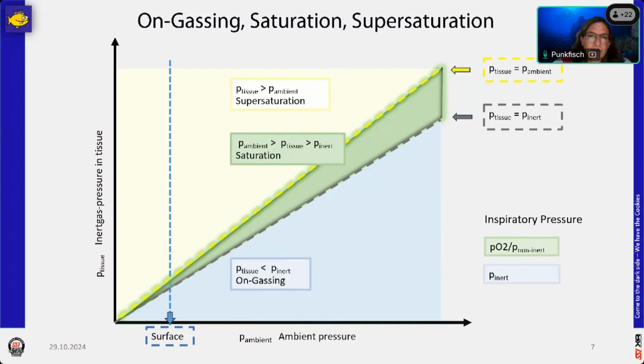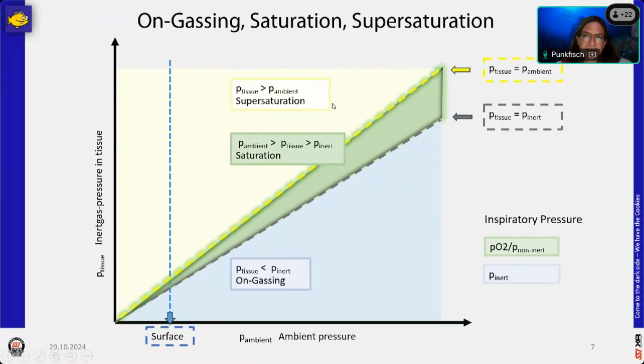Our tissue pressure is now higher than or the same as the inert gas pressure that we are breathing. So we cannot saturate more, but it's still lower than the ambient pressure. So it cannot form bubbles. It is only saturated.